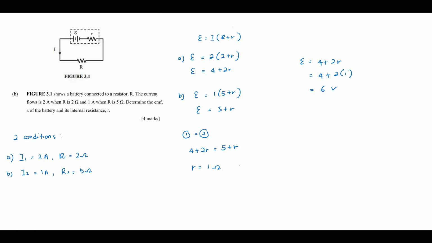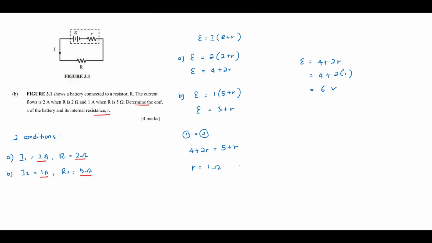From the question, there are two conditions, value for I and R. First condition, when I equal to 2 ampere, R is 2 ohm. Second condition, when I equal to 1 ampere, value of R is 5 ohm. Then determine the value of EMF and internal resistance.